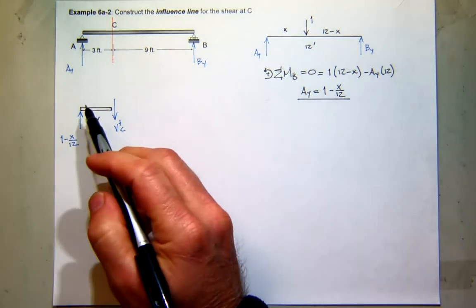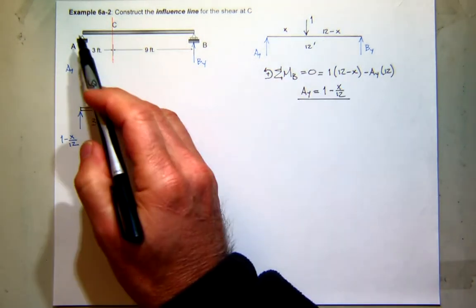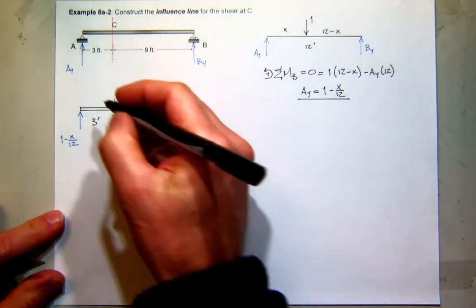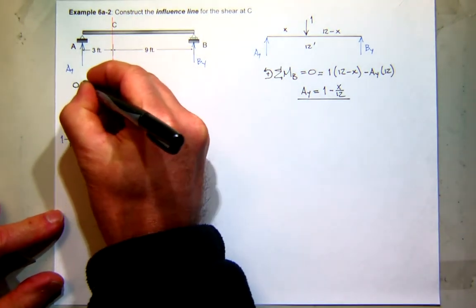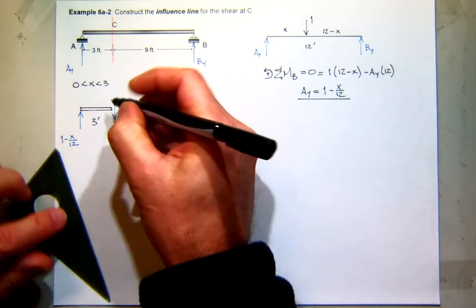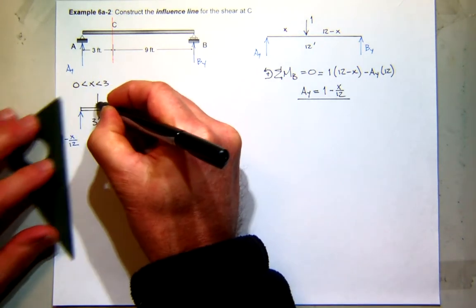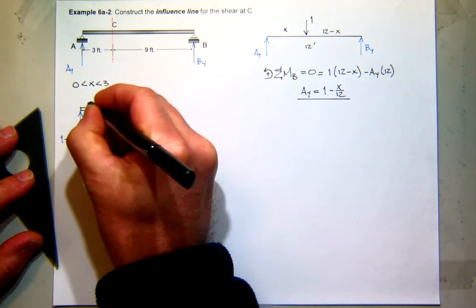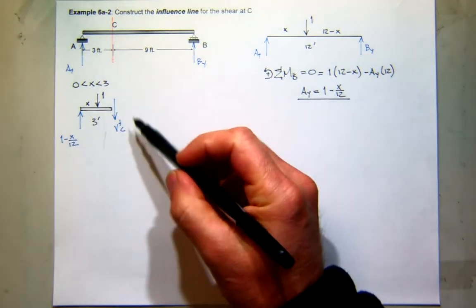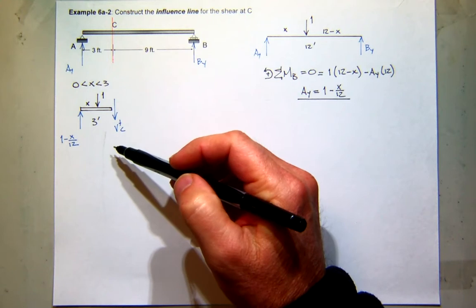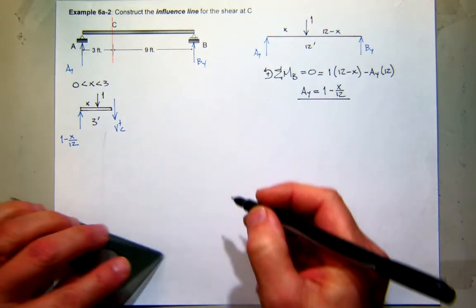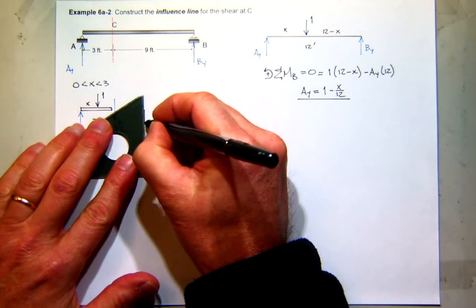The first case I'll look at is when my unit load is operating on that first 3. So I'm going to put a little label that says I'm between 0 and 3. That means my unit load is here. It can be anywhere it wants, position x. How do I find the shear at C? Let's sum the forces in the y direction.